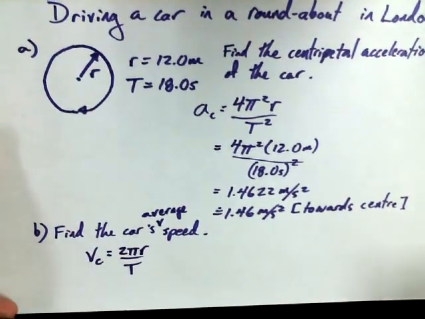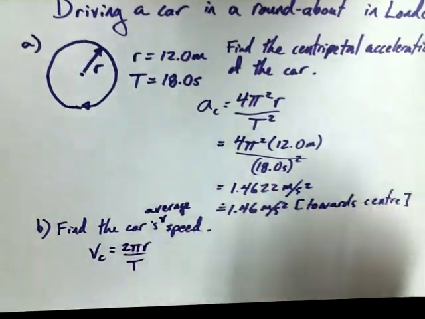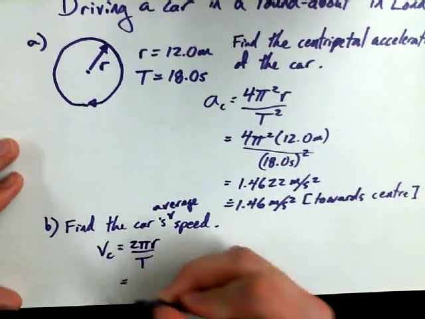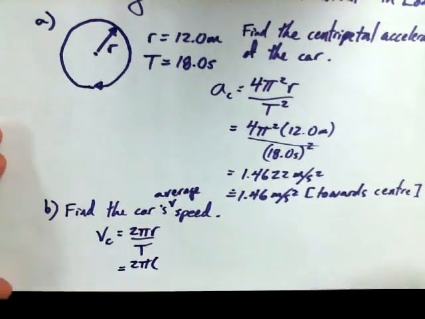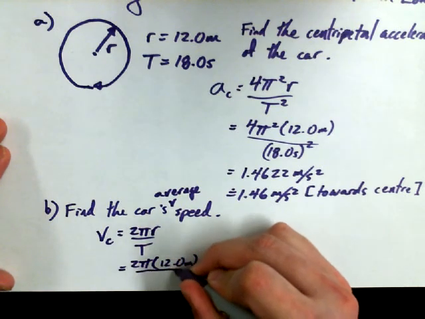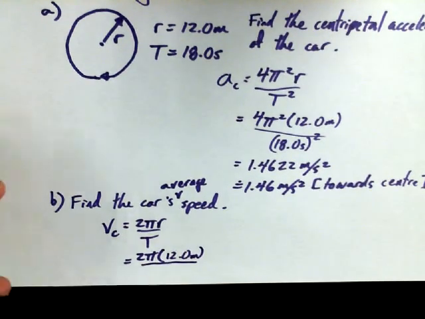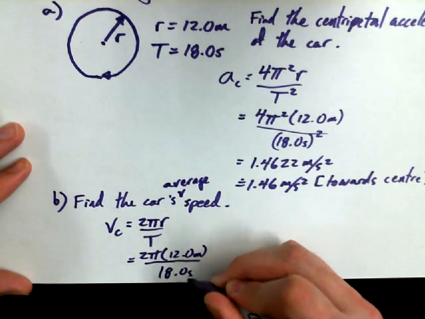Well, let's do that, and then I want to show you what I wanted to do, okay? Because I was all excited about combining equations and going to town on this puppy. All right, so 2 pi times 12.0 meters divided by 18.0 seconds.